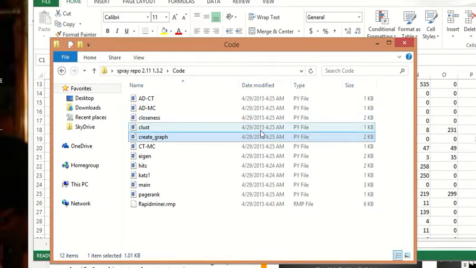Once the graph was created, I used centrality measures in order to extract the features from the graph. A centrality measure is one which finds the most important node in a graph.